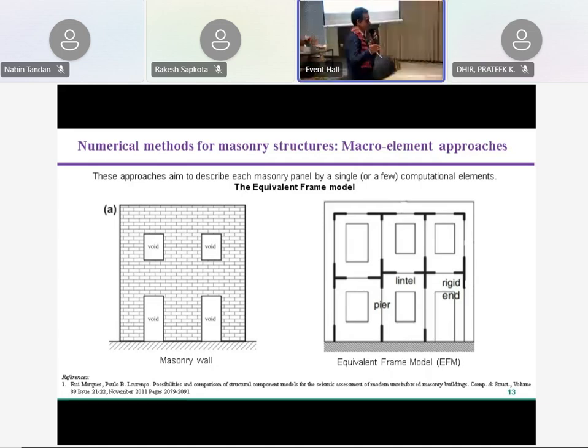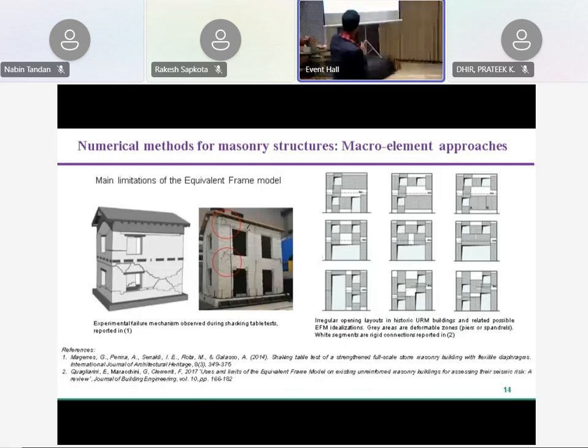Next please. This is probably the main limit of this model, since sometimes we observe damage also in the connecting part.